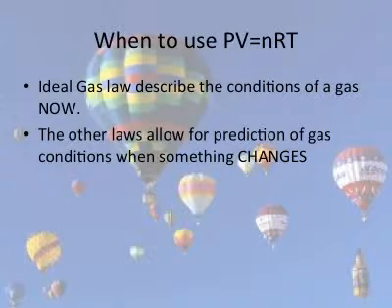Usually if you see two sets of variables, if you see pressure twice, if you see volume twice, if you see temperature twice, that should be a signal that we're not using the ideal gas law, that you need to be using one of those other laws, maybe the combined gas law or Charles's or Boyle's or Gay-Lussac's. I actually have one in one of the examples today to see if I can keep you guys on your toes, to see if we can catch when we're supposed to use PV equals nRT and when we're not. So be ready for that.